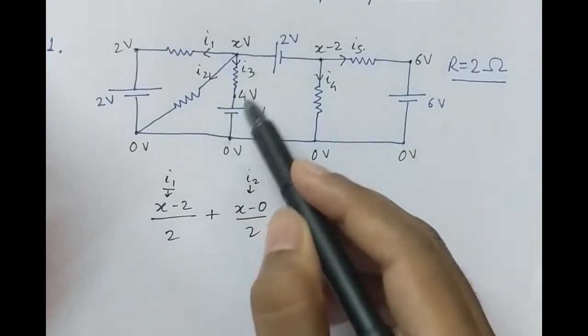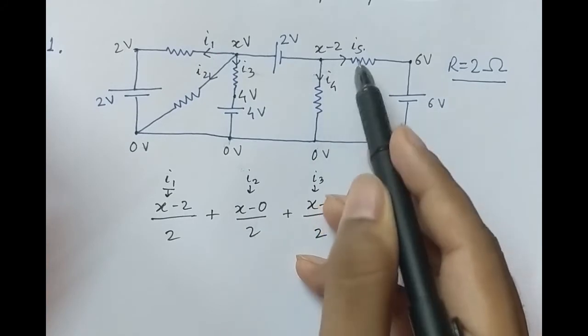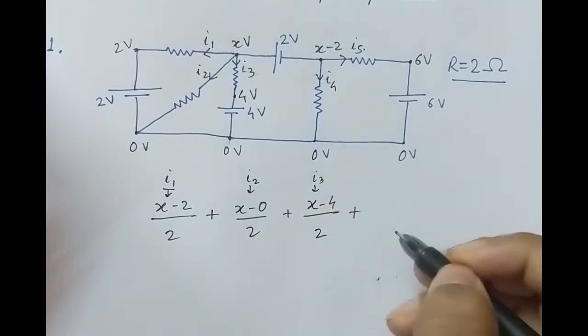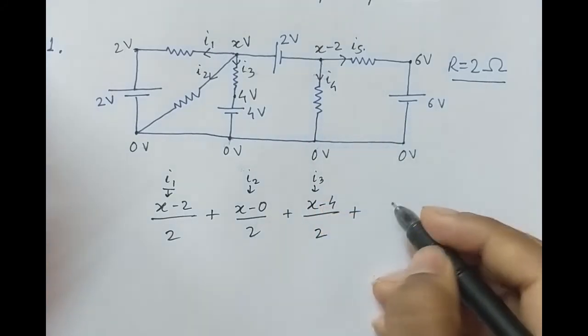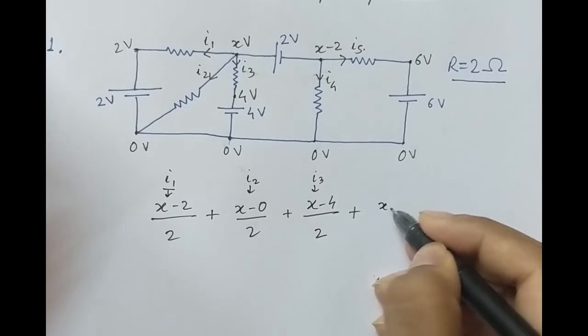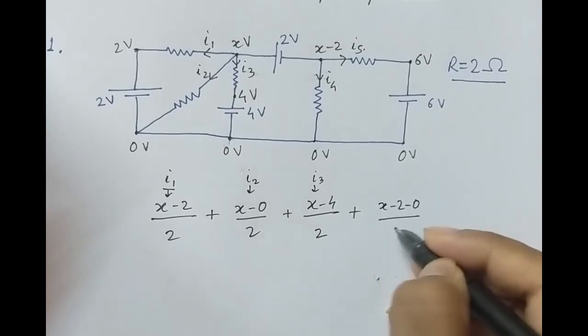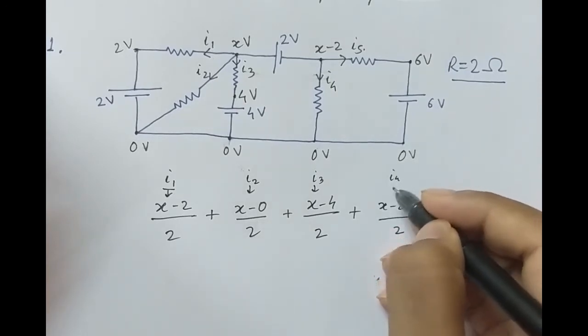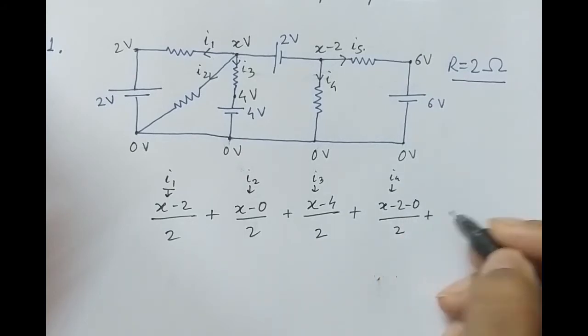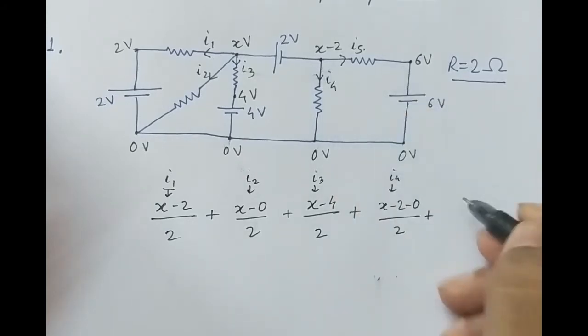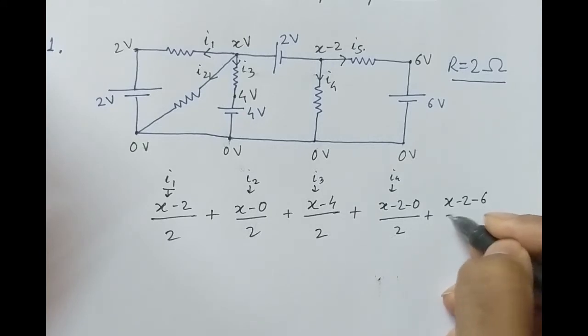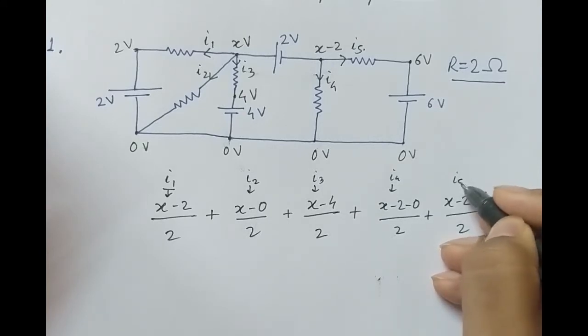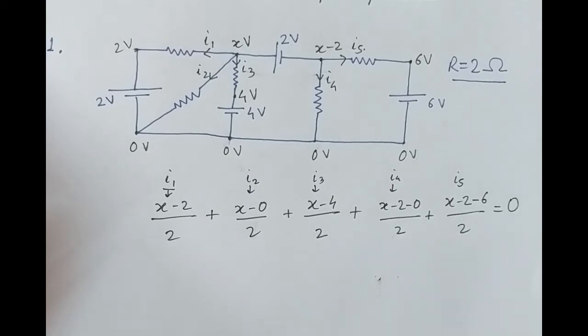Since I'm taking both these junctions to be the same, we add up these two currents as well. So I4 is X minus 2 minus 0 divided by 2, plus X minus 2 minus 6 divided by 2, this is my I5, and all of these come out to be equal to 0 using Kirchhoff's first law.